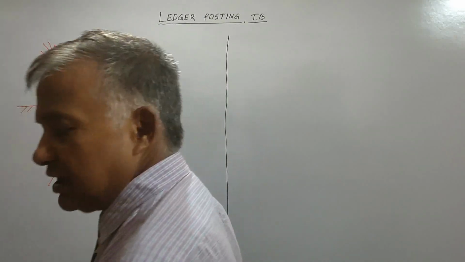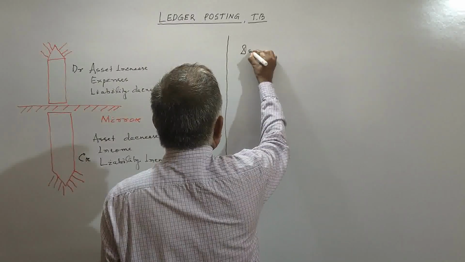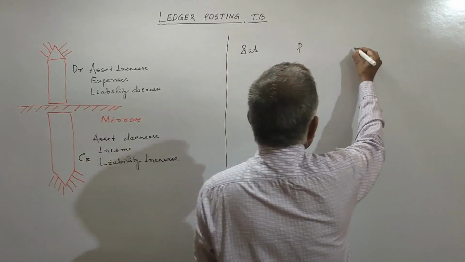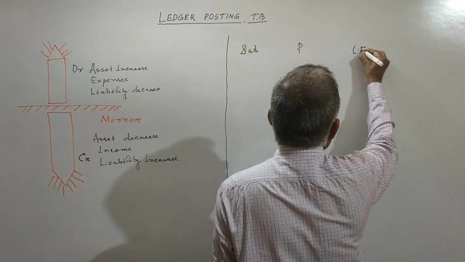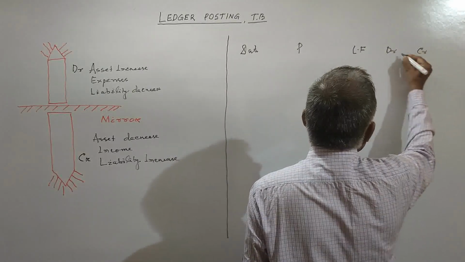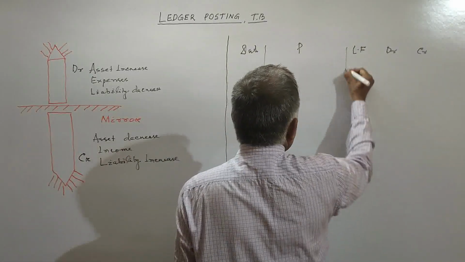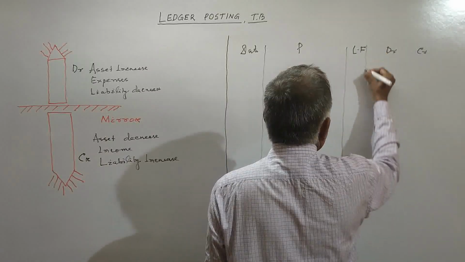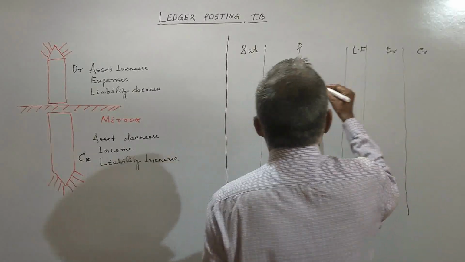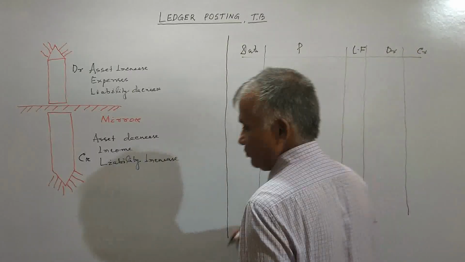Suresh of Kanpur started business with cash. So friends, this is date, this is particulars, this is your ledger folio, this is your debit, this is your credit, and this is the amount in rupees.